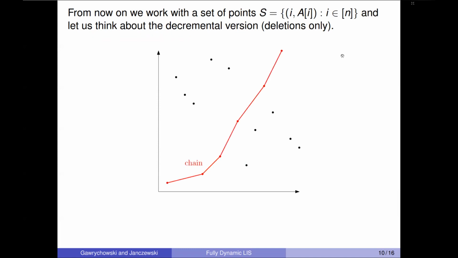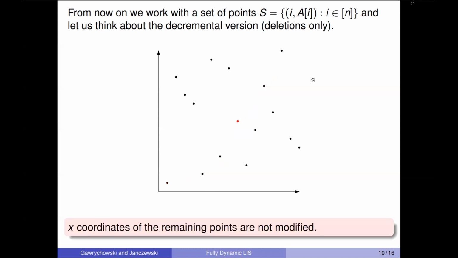Okay, and now finding increasing subsequences translates to finding chains, where a chain is just a sequence of points where each next point dominates the previous ones. And additionally, when a point is deleted, then we do not modify the x coordinate of the remaining points. We leave them with their initial indexes from the array.